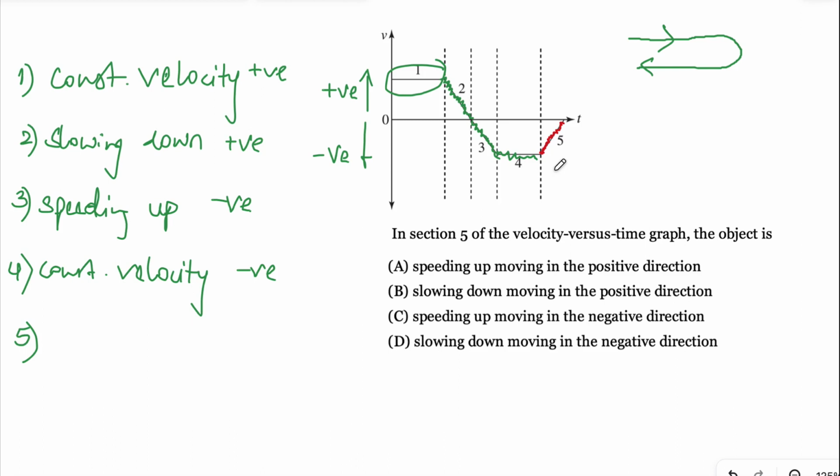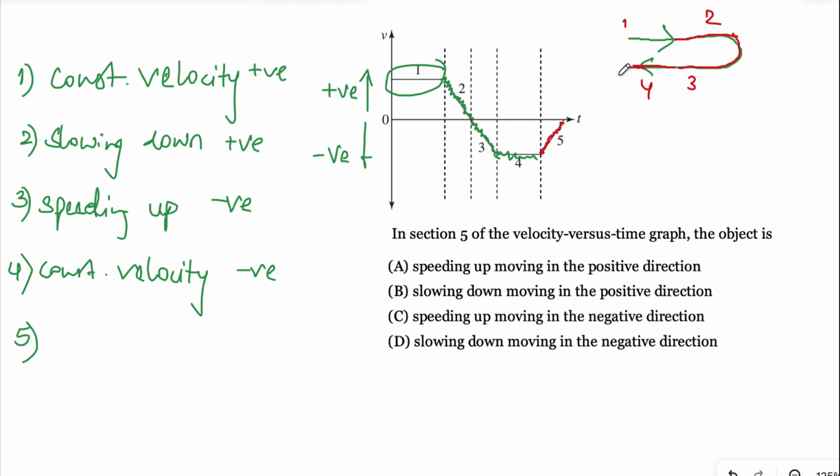So the graph will make a crossover, from what I can predict, depending on what we saw for 2 and 3. So this was section 1, constant velocity. Then the velocity decreased in section 2. Direction changed in section 3. Again constant velocity, section 4.